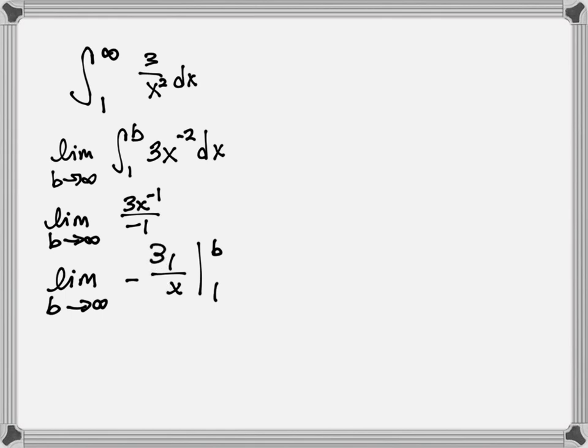Good grief. All right, do I have all the pieces in there right now? I think so. All right, we're going to put our b in. So this is negative 3 over b. And then minus a negative, so I'm going to have a plus, and it would be 3 over 1. Okay, so this piece right here at the end, of course, is 3. So that's fine.